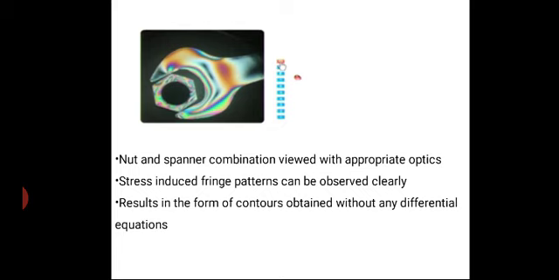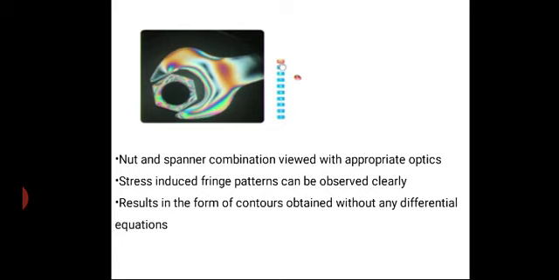When we are viewing the combined loading of the spanner as well as the nut, the basic fundamental is from your physics, that is optics, and we can observe the fringes developed in the members or components.